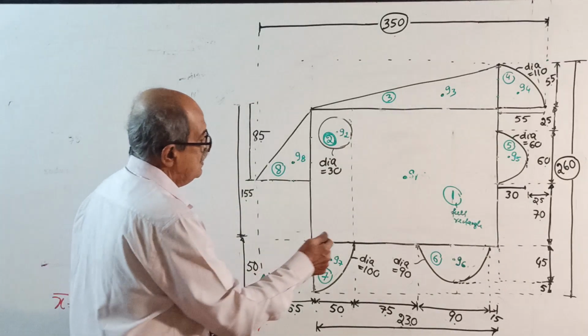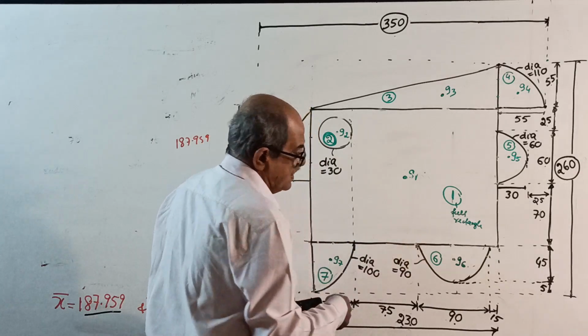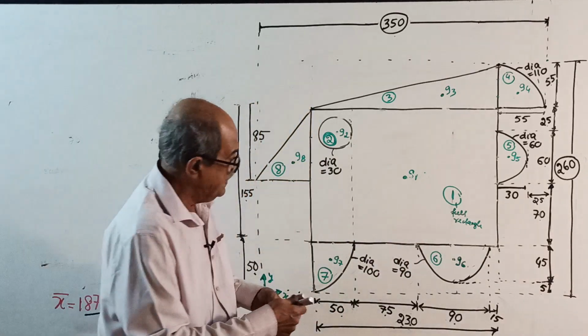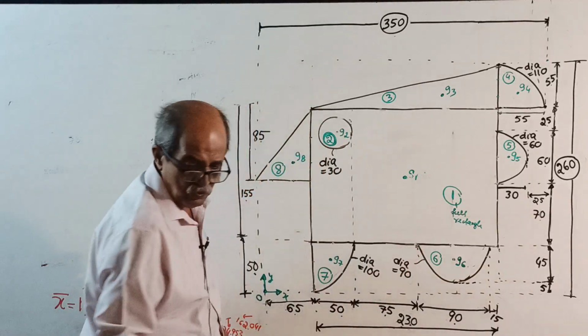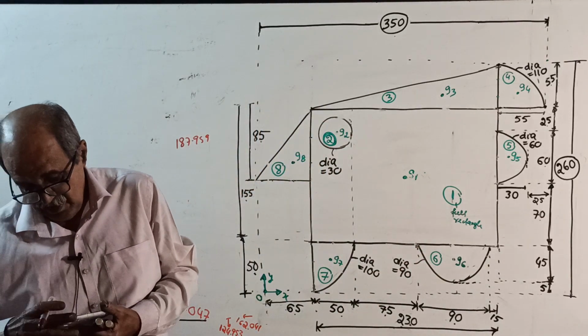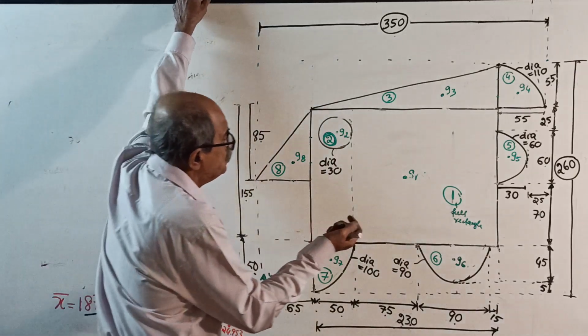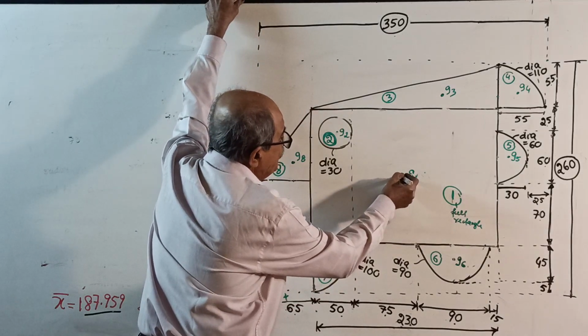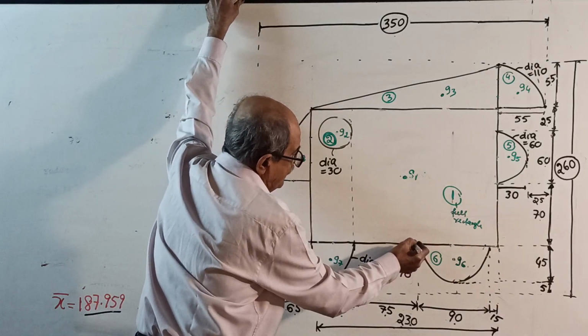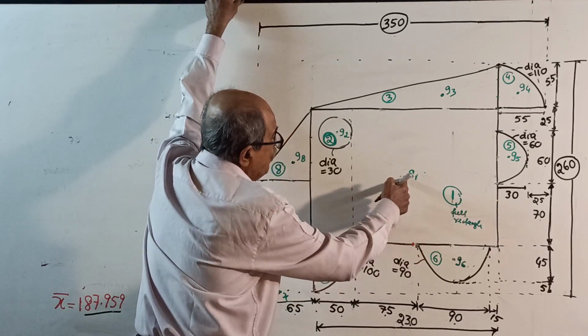Oh, 187.959. Therefore it is a little before this junction. How much is it? 180, 190, 187, just 2 mm minutely this side. And one more thing: what about the centroid here?